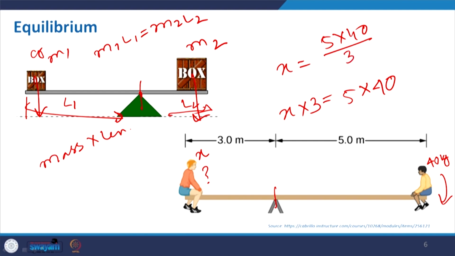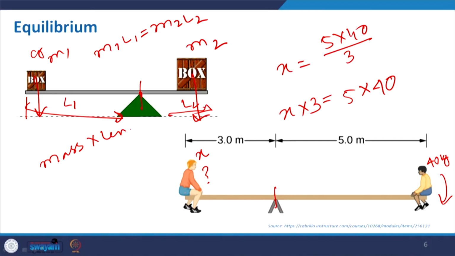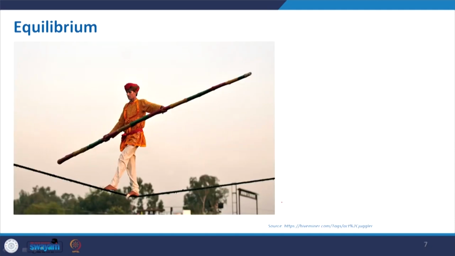Whatever may be the mass, though I have taken randomly, you can get some fractional weight. So, with that we calculate the weight in order to get the equilibrium.